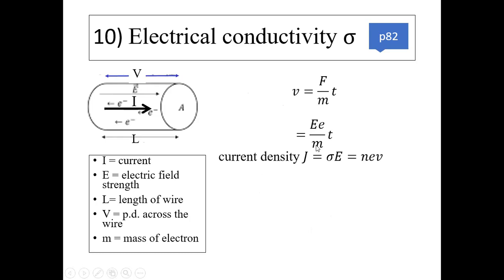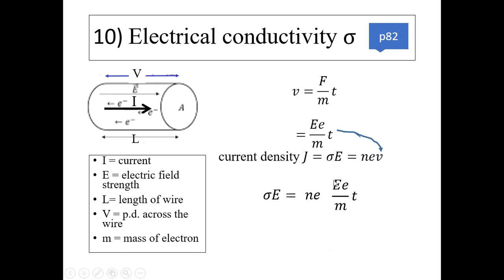And our current density, J is sigma E, and then we have also called it nev. We have derived already, current density is nev. So now we can replace that v inside here. Sigma E, that one, current density, and ne times that is your replacement for drift velocity.